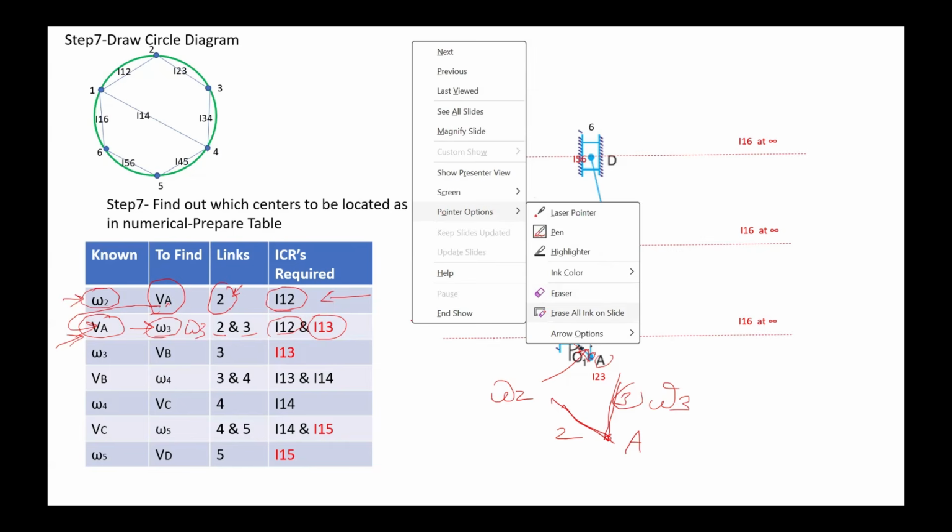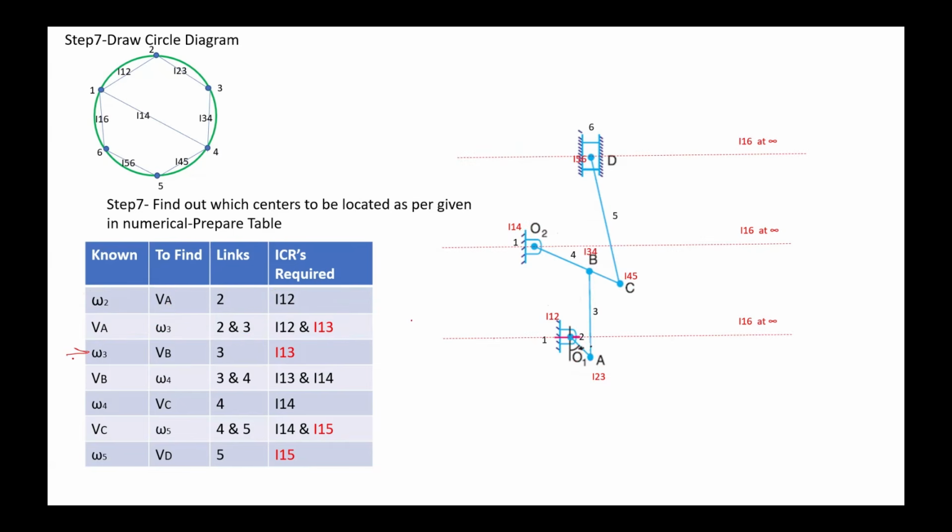The next column will be the omega 3, which is known. We have calculated it previously. That will be the known thing now. Now, if you know omega 3, you can easily find out the velocity of B, because I know omega 3 now.